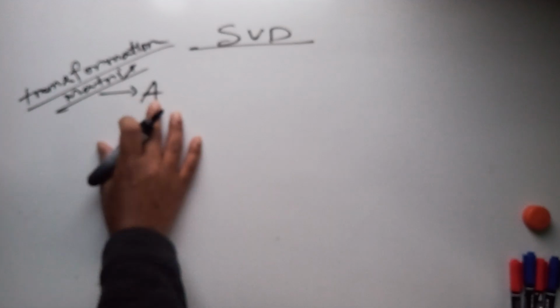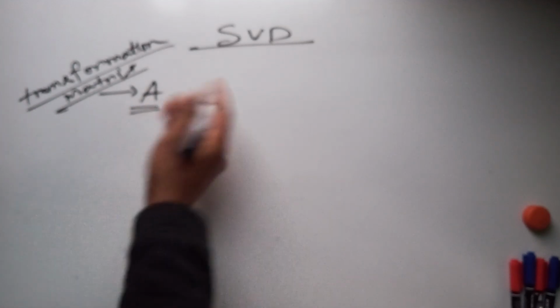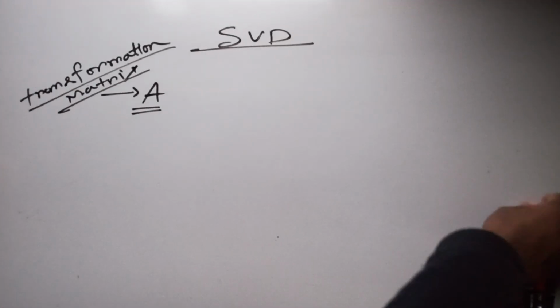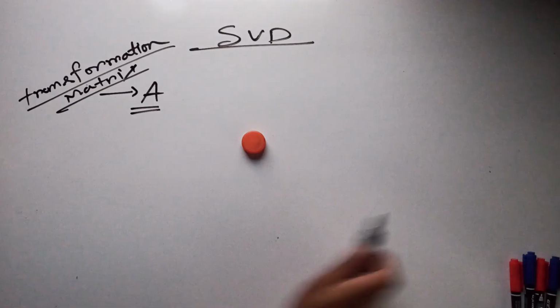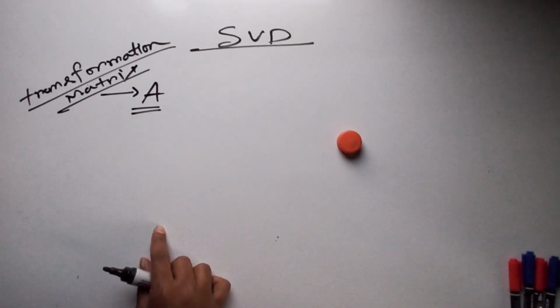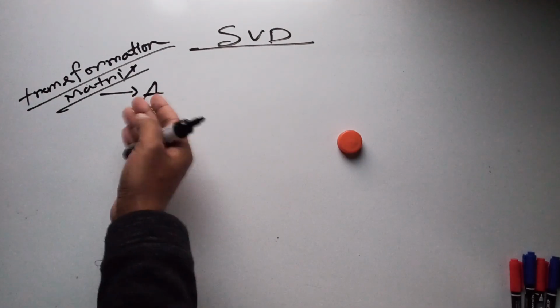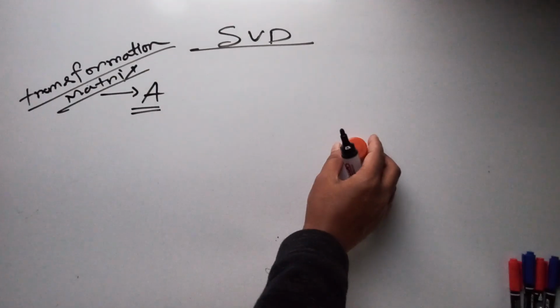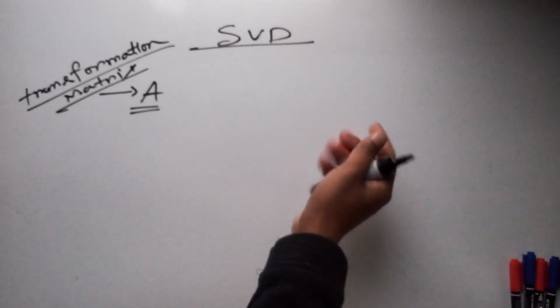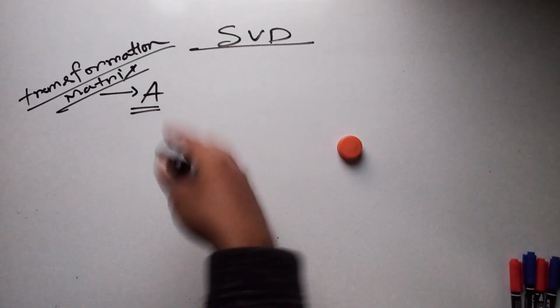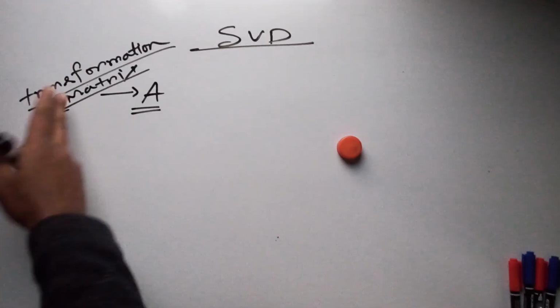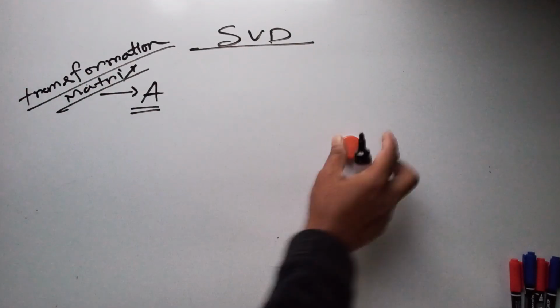A transformation matrix A which has spatial properties, like you have an item, you wanted to move this item. So this kind of movement or relocating things, like rotation, scaling, and all of these kind of things can be done through a transformation matrix.